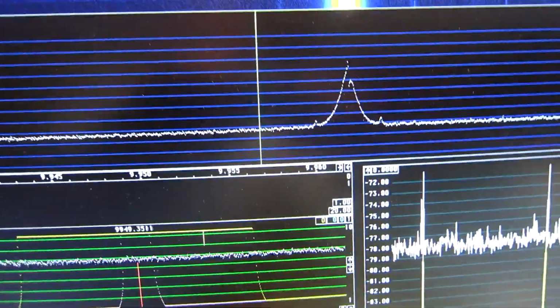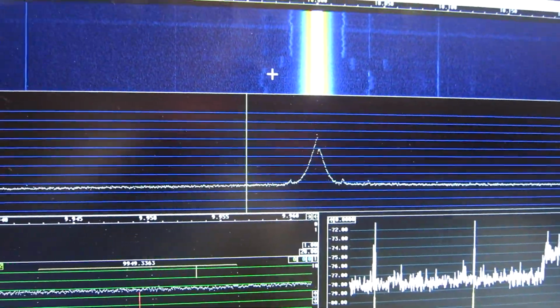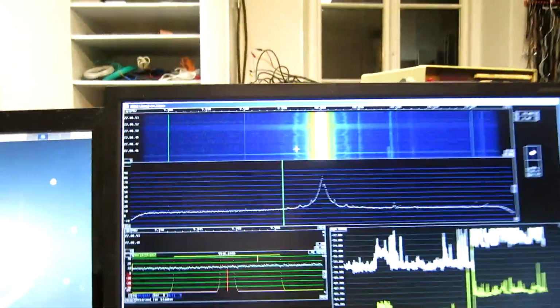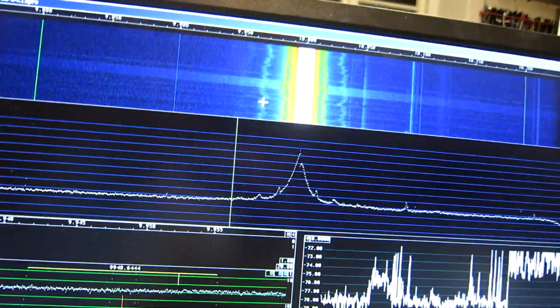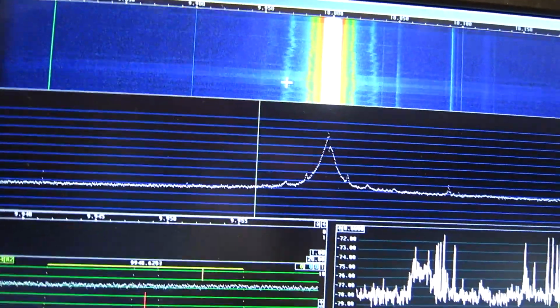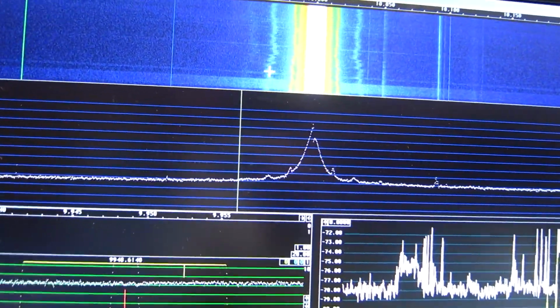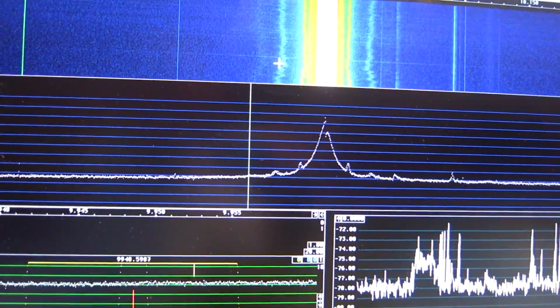So I will remove the attenuators now, and what I see is very similar, but I see it much better. Of course, I mean, there's 12 decibels more signal.